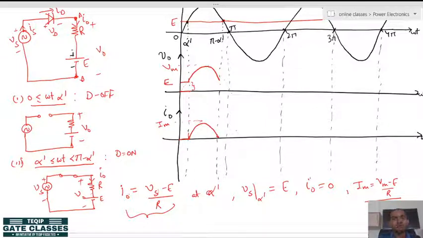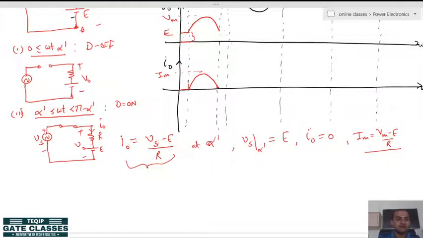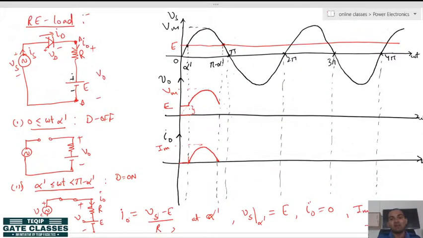Now, what happens at pi minus alpha dash? So, when we write the next instant, that is from pi minus alpha dash to pi, if you talk about this instant, we can see at pi minus alpha dash, again the E is equal to the source voltage, and since it is a resistance, it is not an inductor, it does not store any kind of energy in itself. Hence, there is no meaning that the diode will have to remain forward biased.